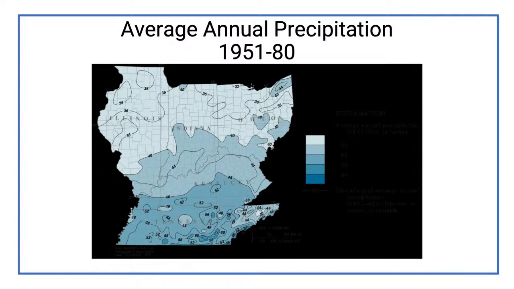This is from 1951 to 1980, so a little out of date at this point, but it's a good illustration that shows we get up in Illinois, and you're talking 36 inches of rain per year. We get down in Tennessee, which is actually a very wet state, and we're getting over 60 inches of rain a year in some places, so almost twice what they're getting in Illinois.